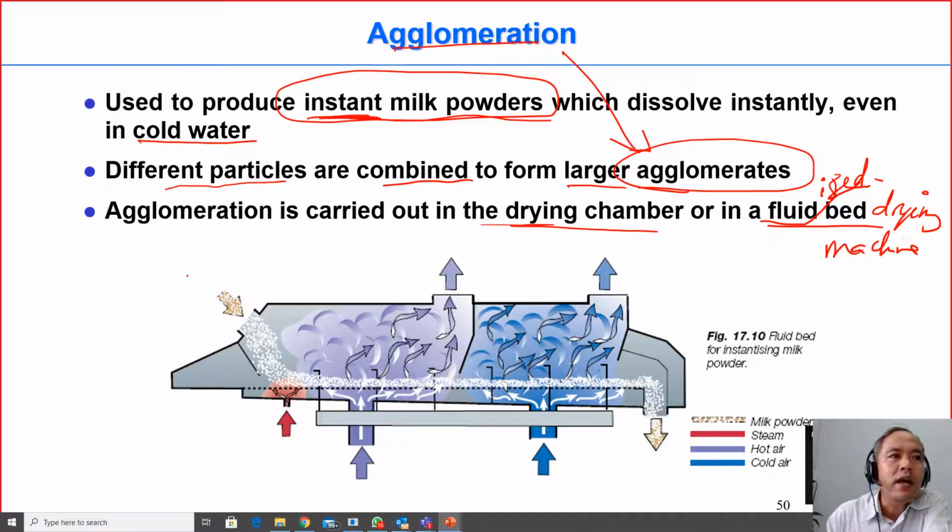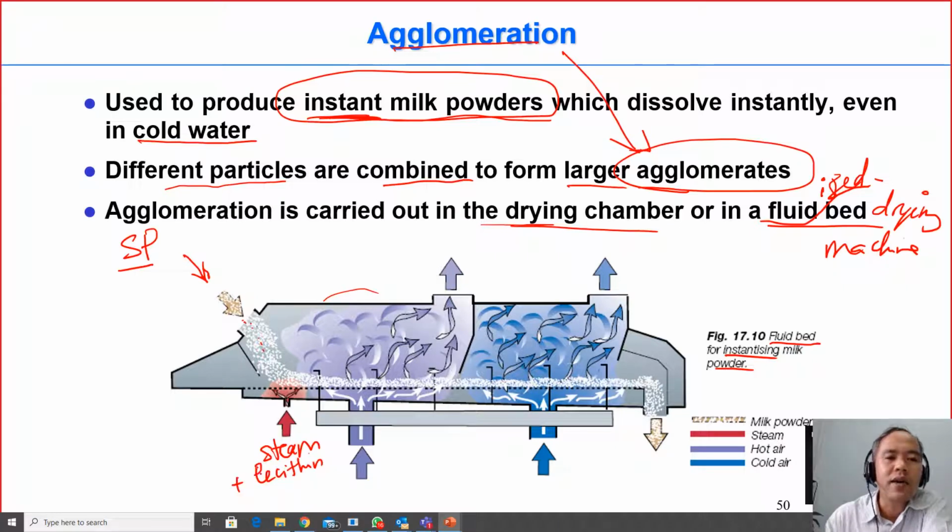So here we have very fine particles of milk powder from the spray drying we just discussed in the previous part. The very fine powder is introduced into the fluid bed drying machine. And then we introduce a bit of steam, not a lot, together with lecithin.